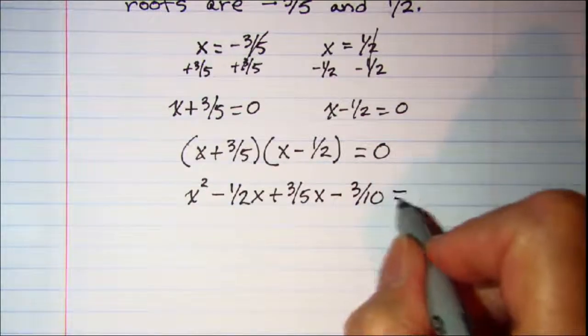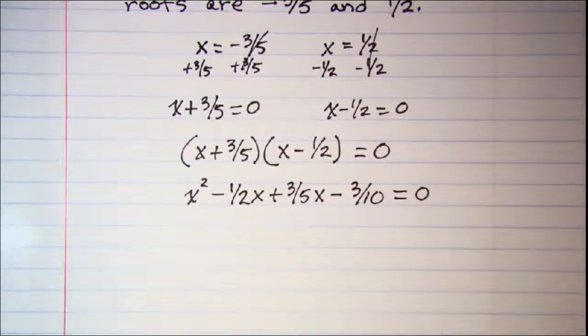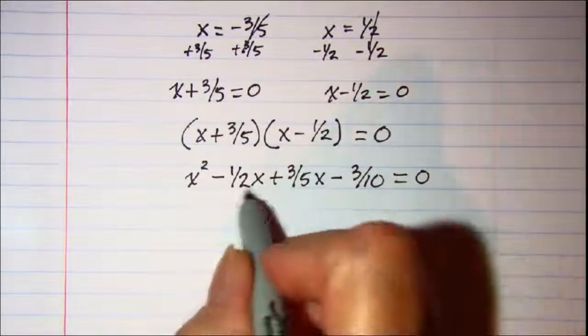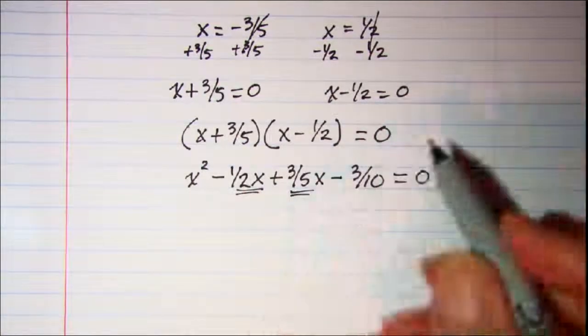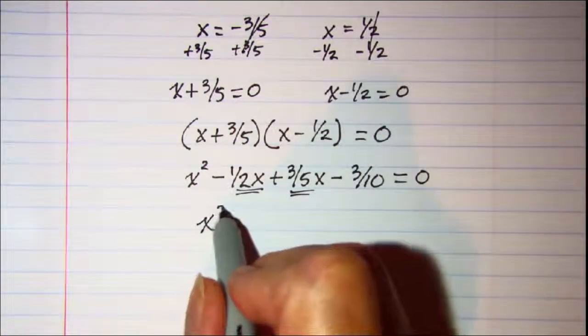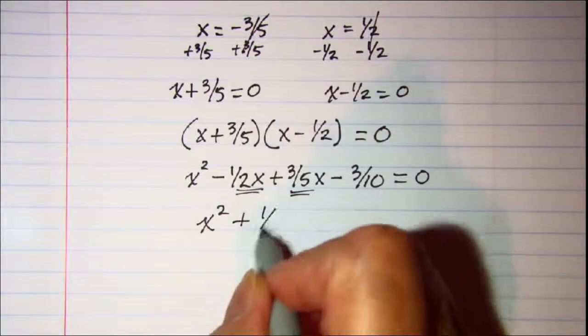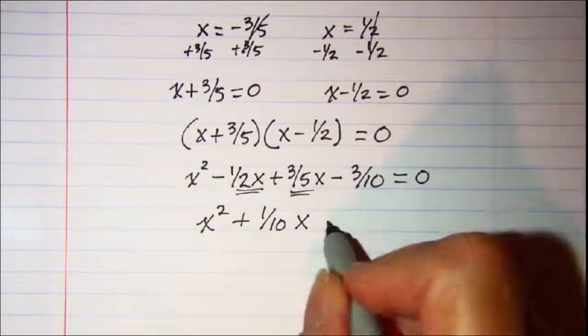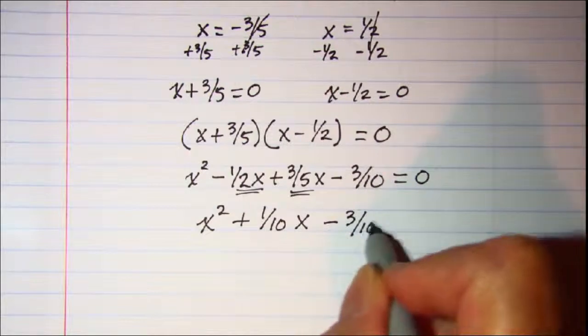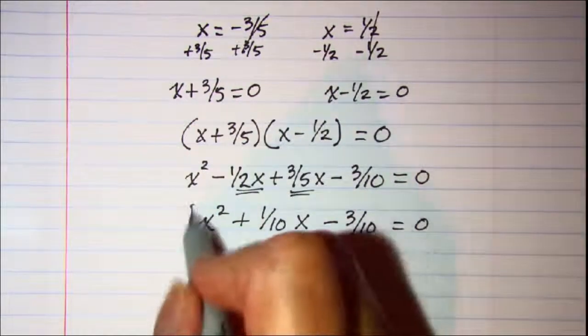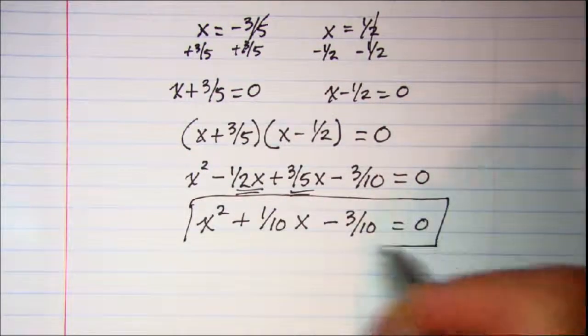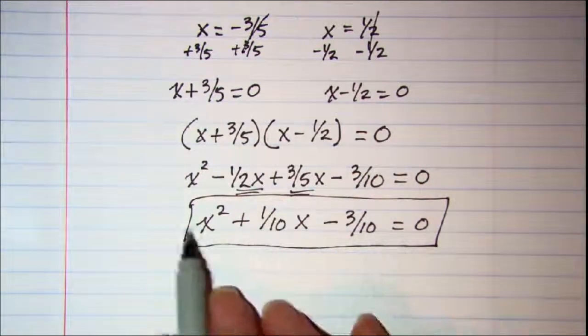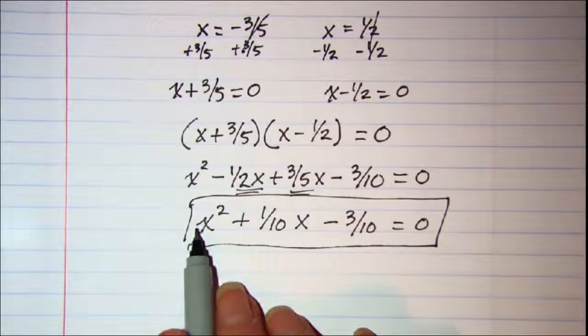And again, on the right side, don't forget your equals 0. Now if we combine our like terms, we have the quadratic x squared plus 1/10 x minus 3/10 equals 0. So this is our quadratic equation. The lead coefficient is 1.